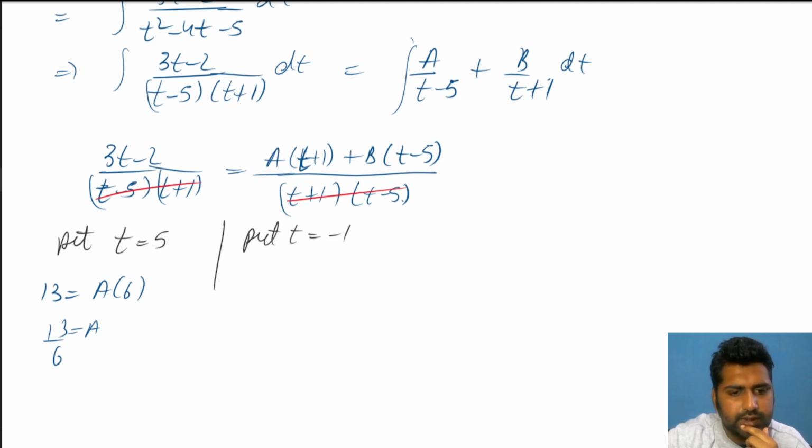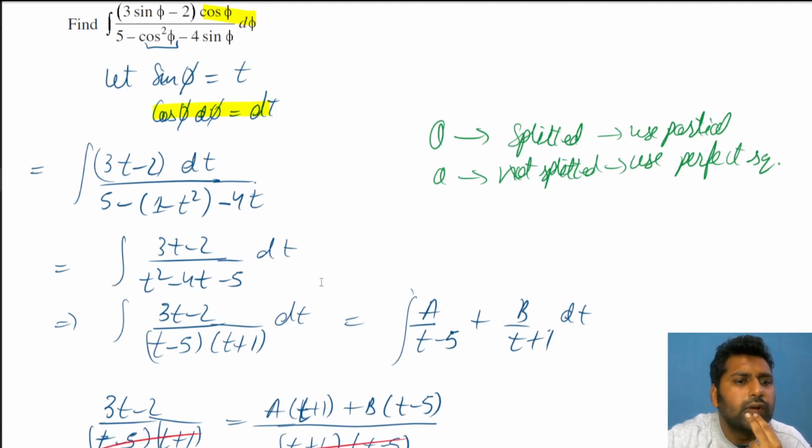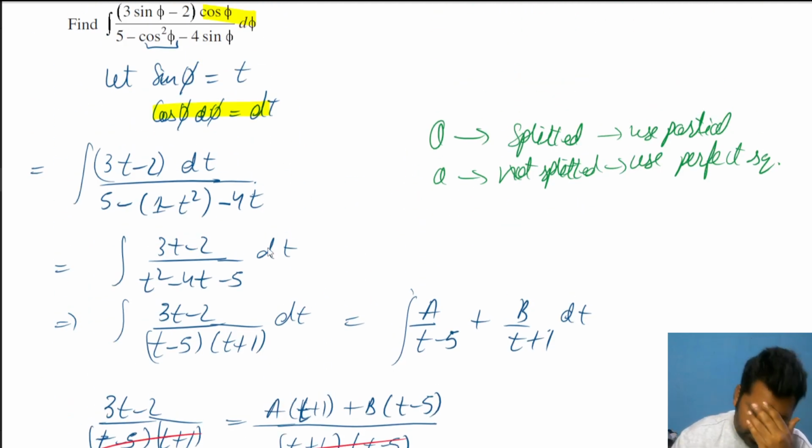Is there some mistake? It is coming such a weird value. Oh, okay, we missed this. 5 minus 1 was actually 4, not 5. That's why. Interestingly, it was still splittable.